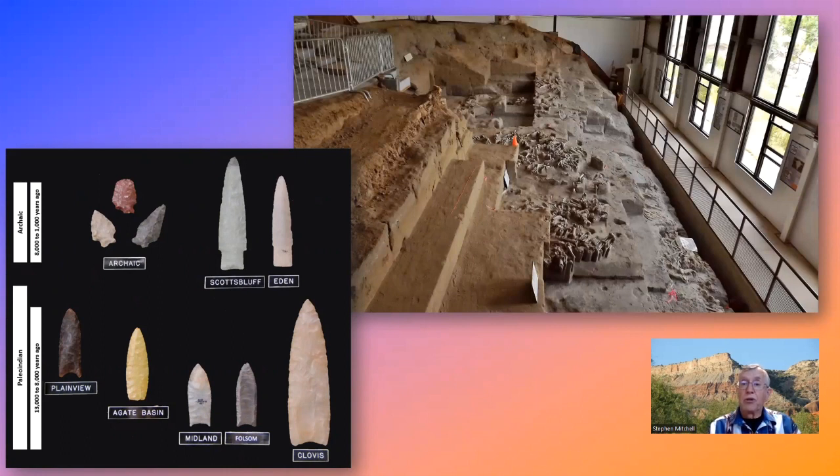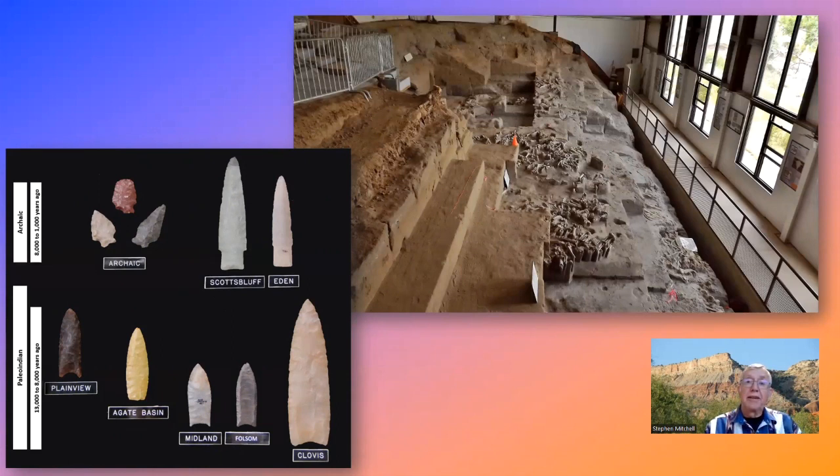You didn't have a real clear indication of which ones were older than which. At the time they were doing some of this, they didn't have radiometric dating to apply, so they had no indication of relative age. But here it isn't controversial. They're able to tell which ones are the older points and which ones are the younger points.